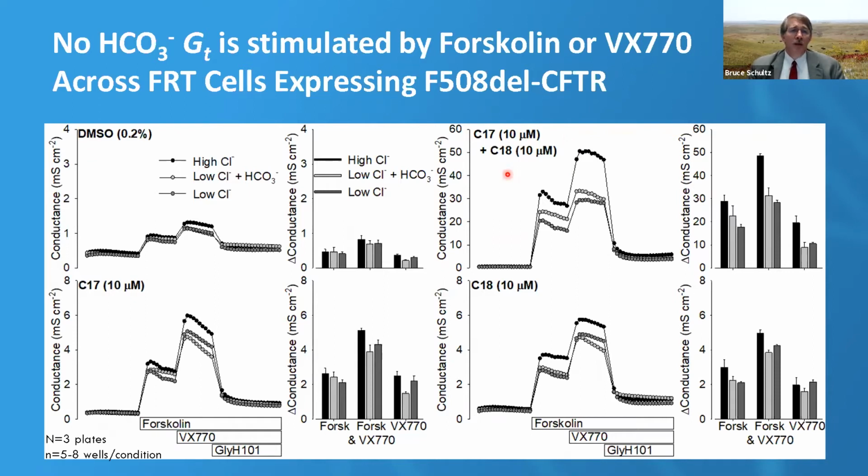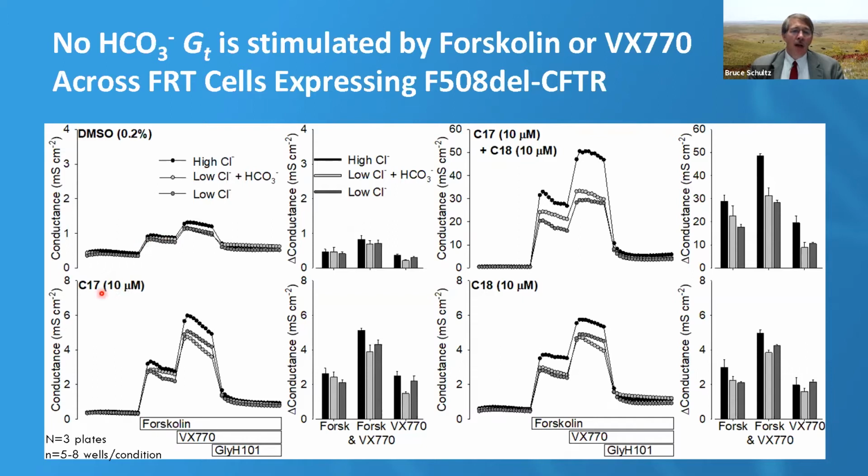I want to point out straight away that there's a substantial difference in the ordinate scale: 4 millisiemens per centimeter squared, 8 for each of the correctors alone, and then all the way up to 60 millisiemens per centimeter squared for the combination of the two. When we look at the vehicle-treated cells that were exposed for about 12 hours, the signal is relatively low, and we can't differentiate a difference between the different media that were used.